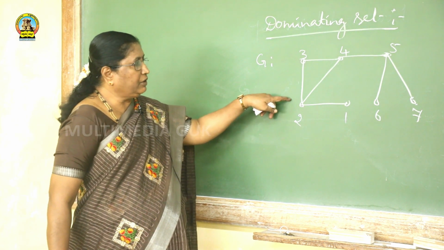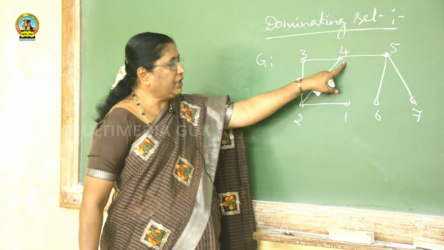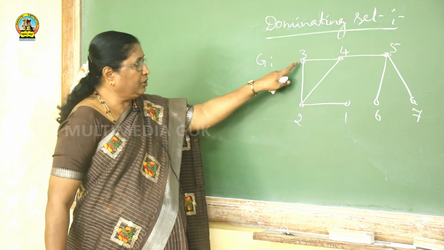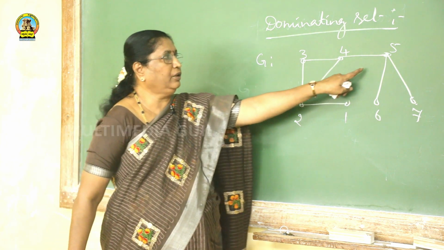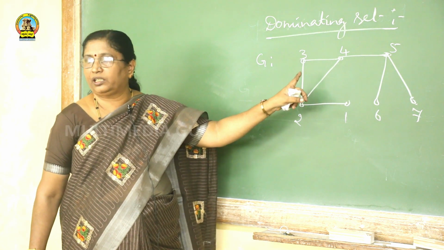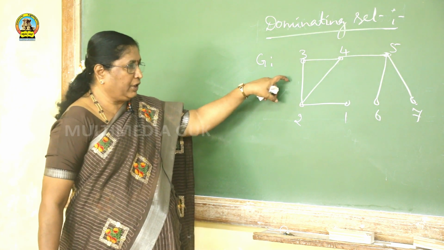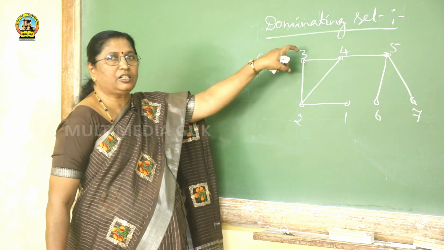With the meaning of this domination, look at the vertex 4. The vertex 4 is adjacent to 3, 2 and 5. So mutually they are also said to dominate each other. Followed?